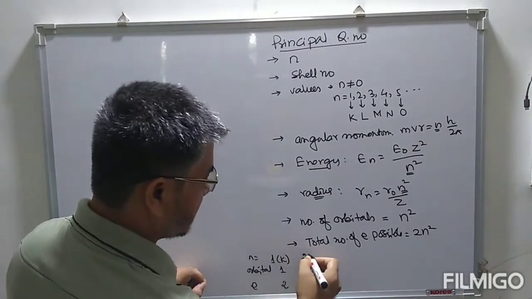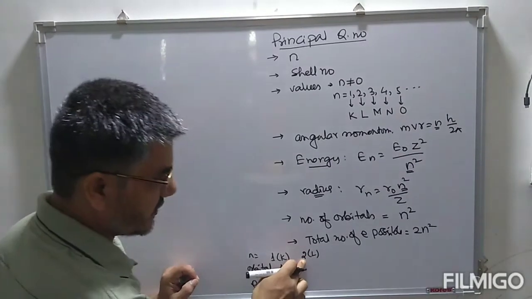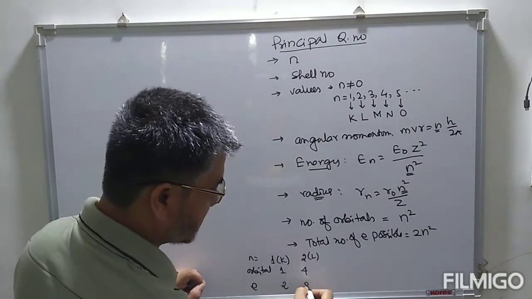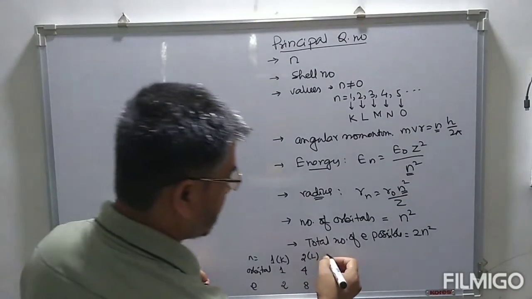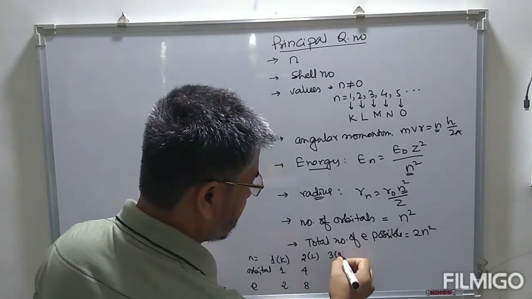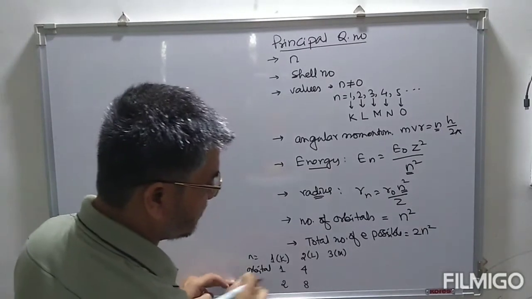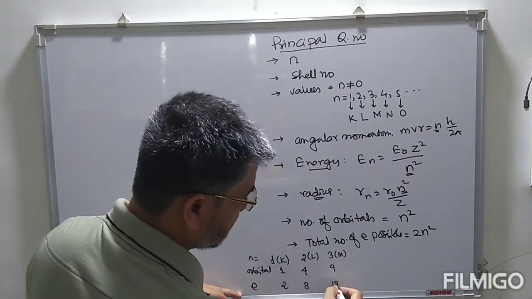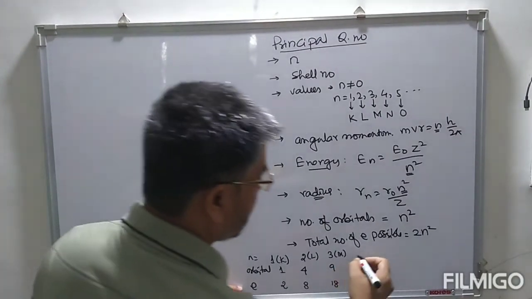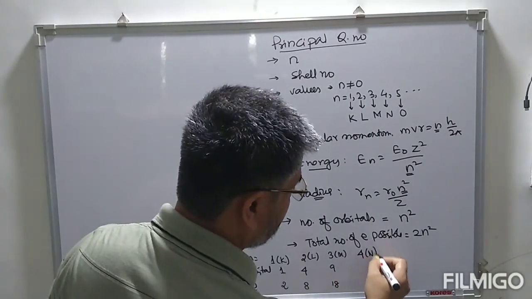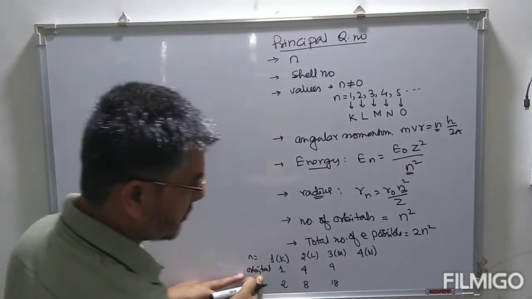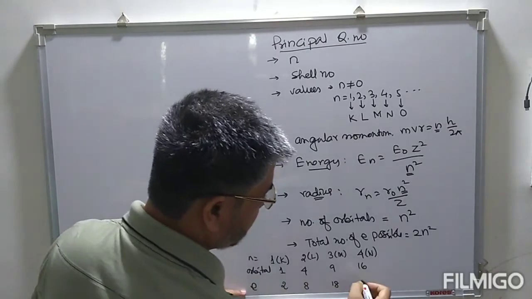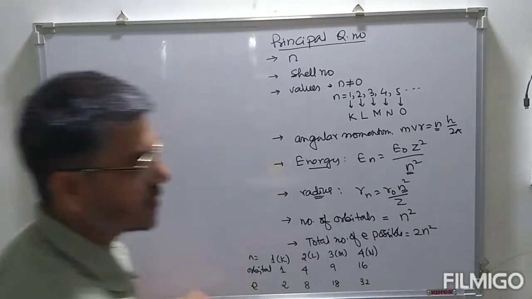L shell, value of n is 2, so total orbitals is 4, total electrons is 8. Third shell, total number of orbitals is 9, total electrons 18 is possible. For n equals 4, total number of orbitals is 16, total number of electrons possible is 32, etc.